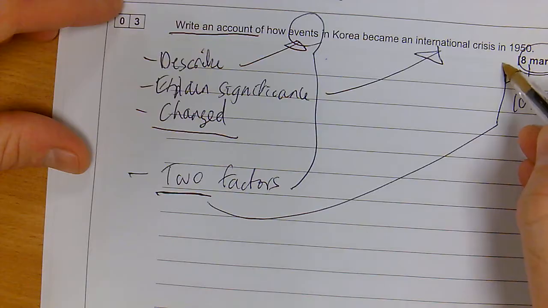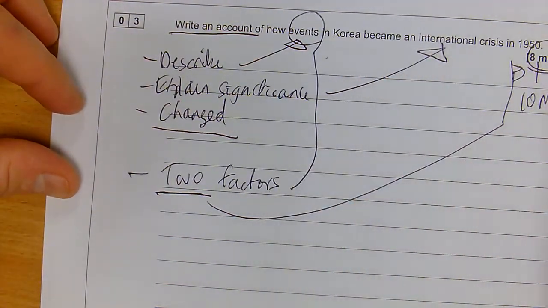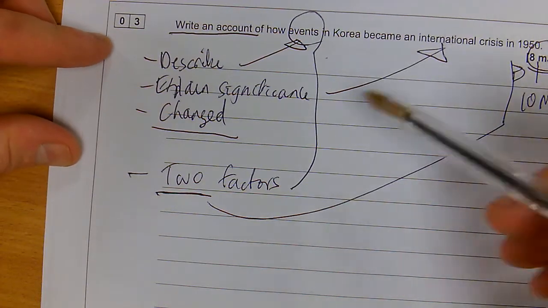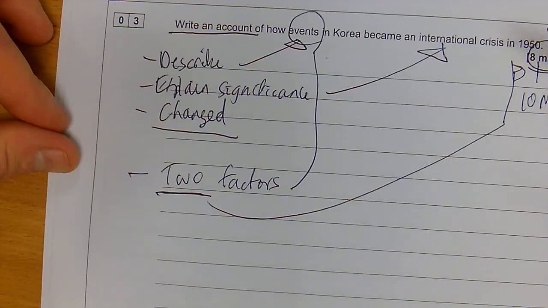Okay, right. Now, in this particular question, it's write an account of how events in Korea became an international crisis. So you need to be thinking to yourself, what do I know about Korea in 1950? That's really important. And how did those things make the Korean War a crisis on an international scale?